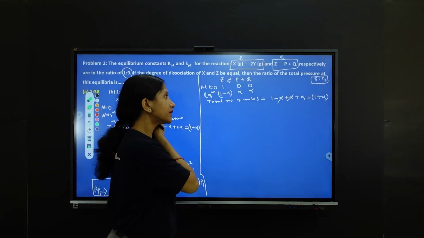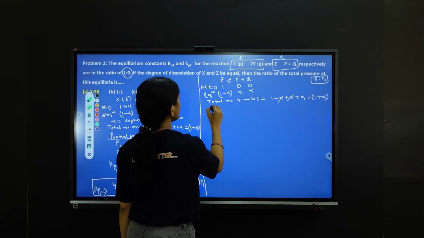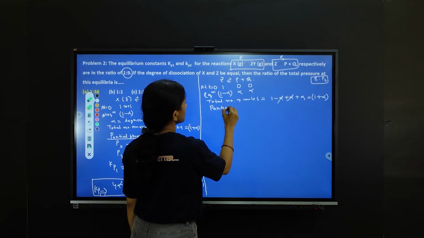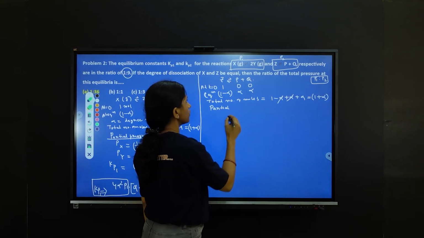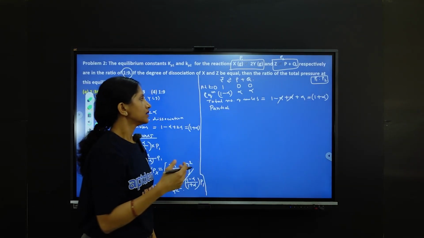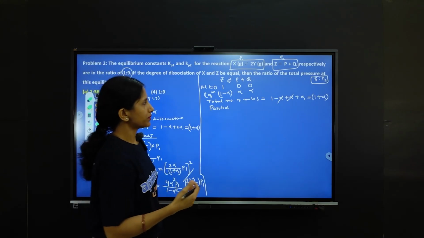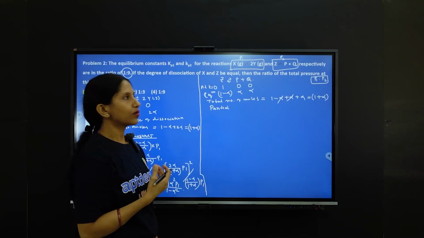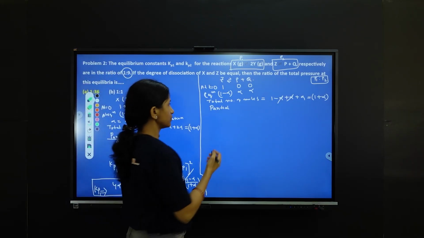Right? Now from here we will again write the partial pressure expressions for all the products and reactants, which is nothing but the mole fraction times the total pressure. We have already considered the total pressure of this reaction as P2.